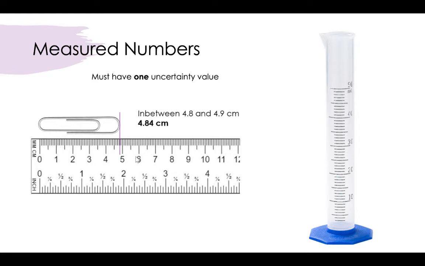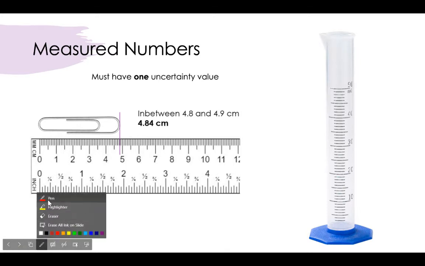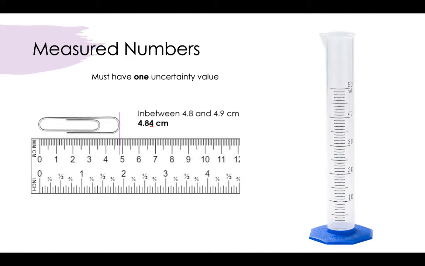So in this case, I'm going to say it's 4.84 centimeters. So that last 4 is an uncertainty digit. Somebody else might say, I think it's 4.83 centimeters, and we would be equally right. We're making some sort of estimation. So we're going to round our measured numbers to one uncertainty value.